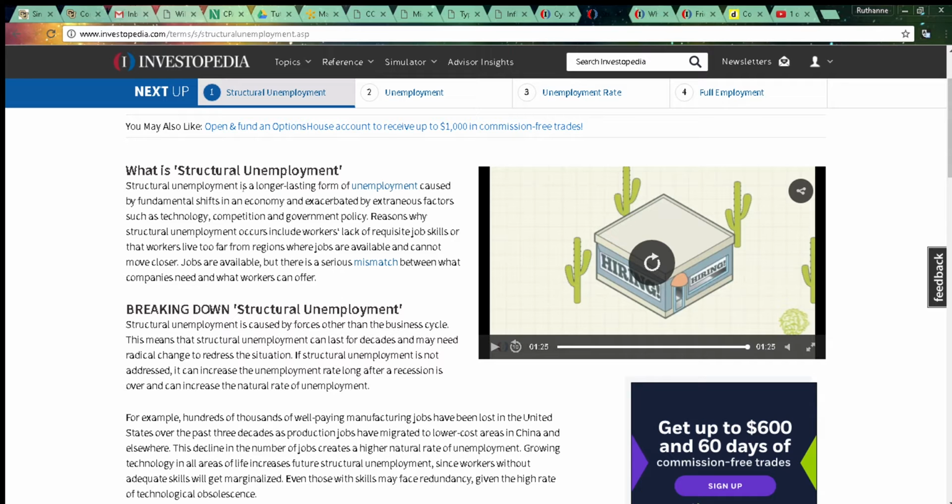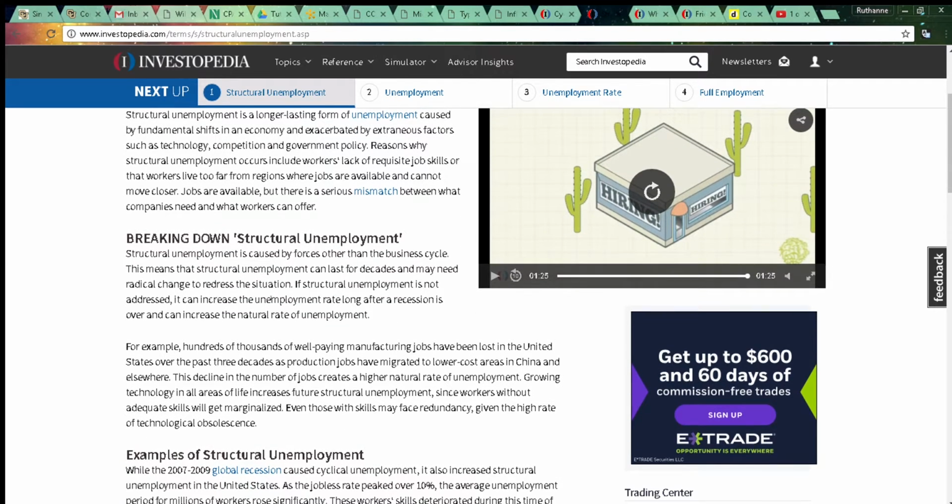So when you're starting to see production and manufacturing jobs being outsourced to cheaper countries, that appears as a fundamental shift in the way those businesses are producing their product. So there's not an expectation that those businesses are going to bring those jobs back to the United States. Therefore, it is a structural unemployment issue because the structure of it has changed.